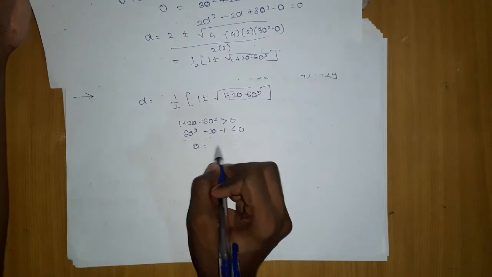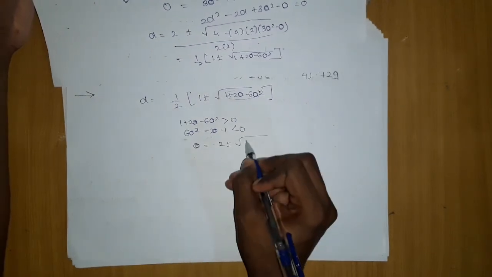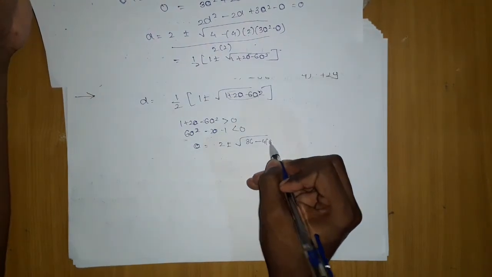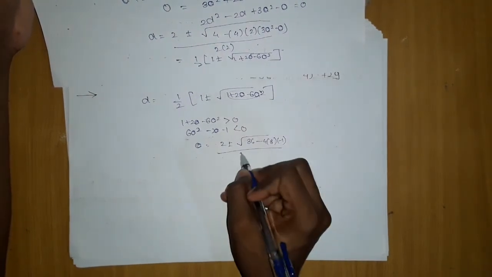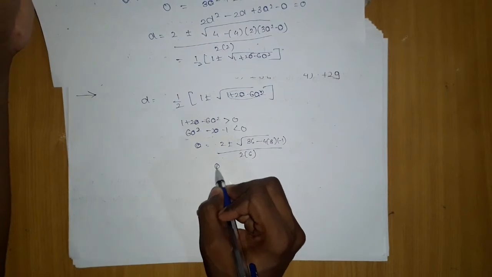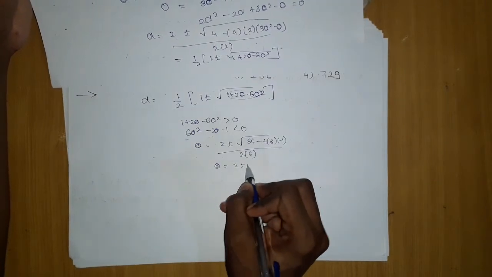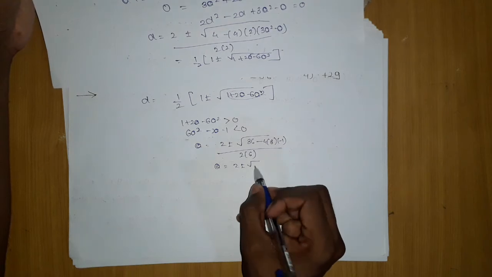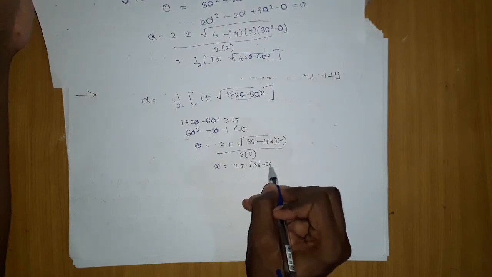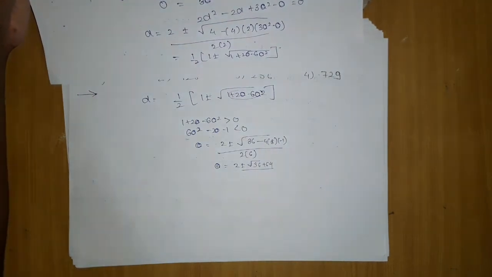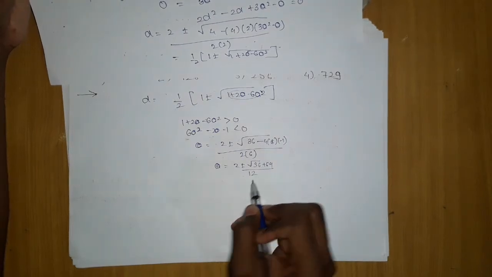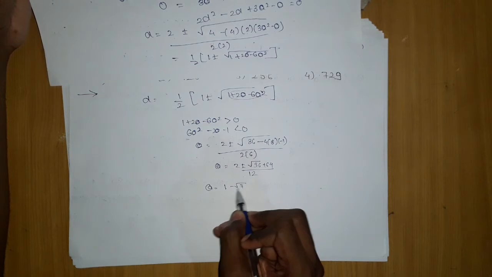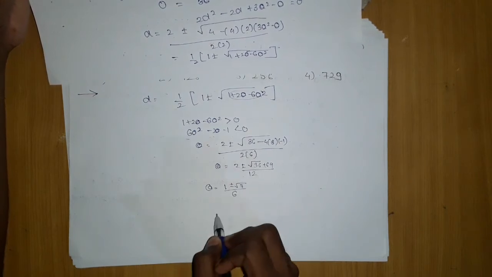If I find the a value, a is 2 plus minus under root 36 minus 4 into 6 into minus 1, upon 2 into 6, which will give me a equal to 2 plus minus under root 36 plus 24 upon 12, which gives a equal to 1 plus minus under root 7 by 6.